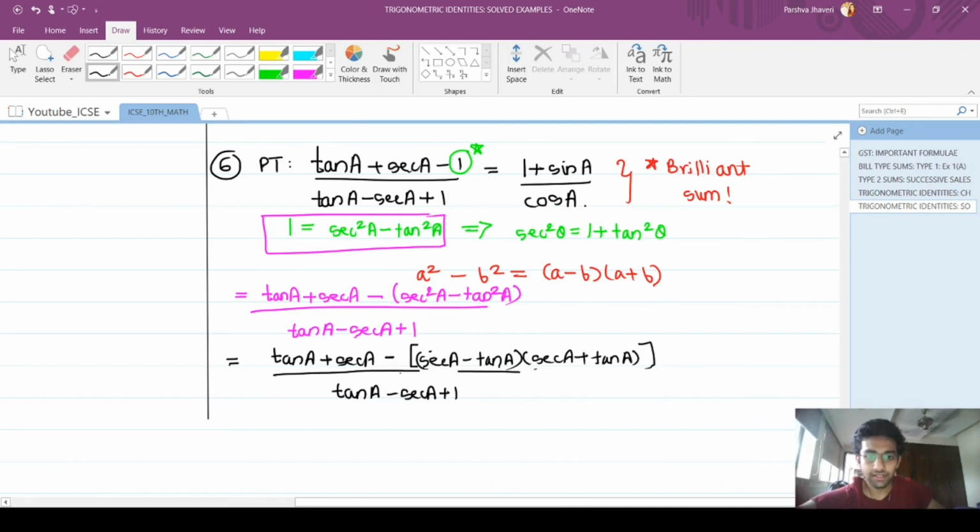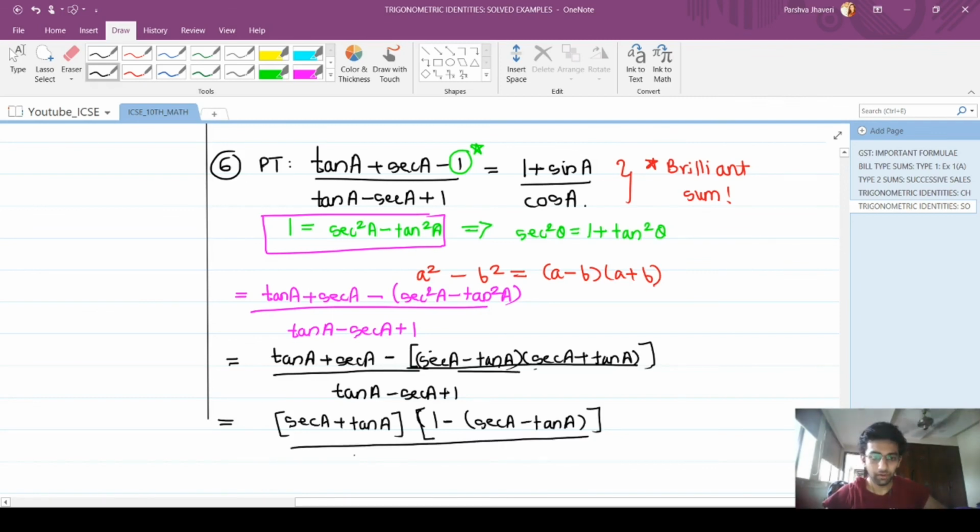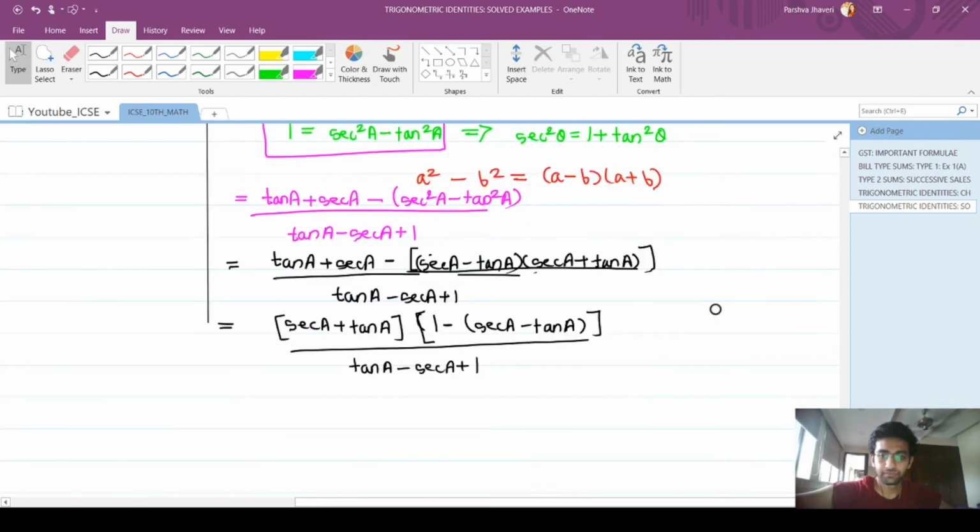This is the most important step. If you got this step, the remaining part of the sum will be very simple. Now, take tan A plus sec A common, or you can take sec A plus tan A common in the numerator. If I take it common, it becomes 1 minus sec A minus tan A upon tan A minus sec A, going down.